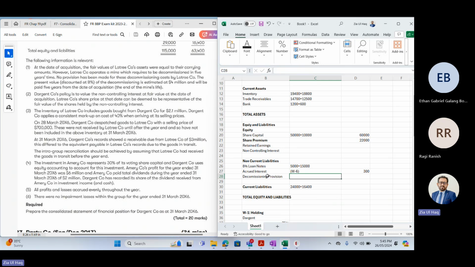With how much amount? 4,000 plus that interest should be added here. So it will become 4,080.